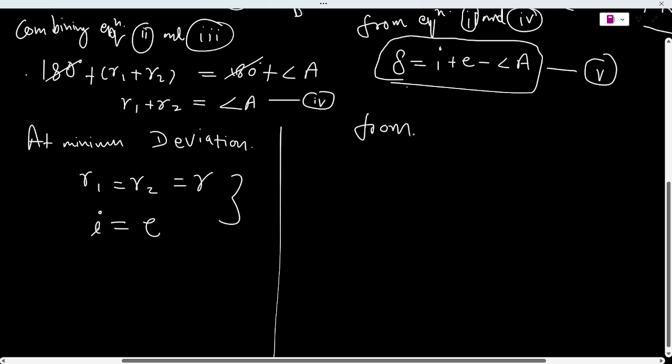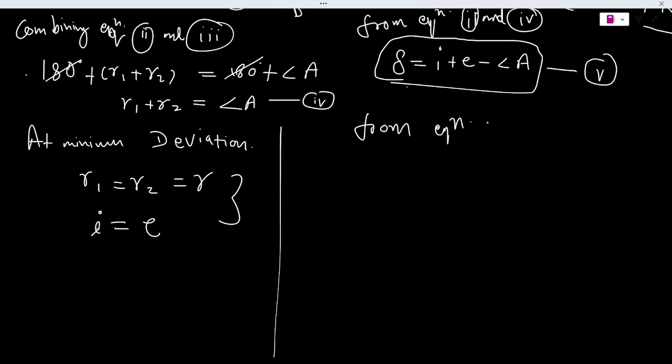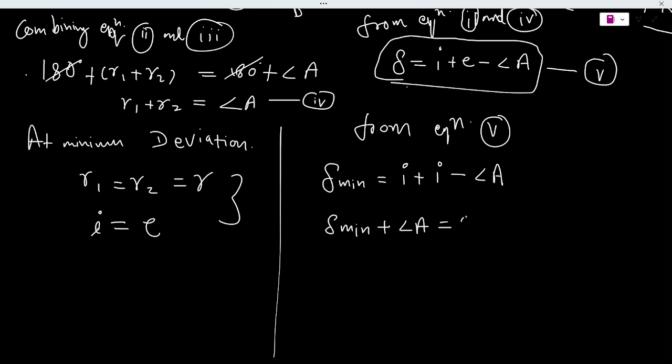From equation 5, putting the value of E, delta min is equal to I plus I minus angle A. So delta min plus angle A equals 2I. Delta min plus angle A by 2 is equal to I. This is the value of I.